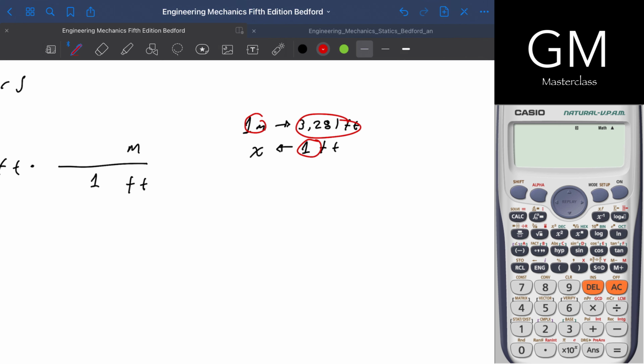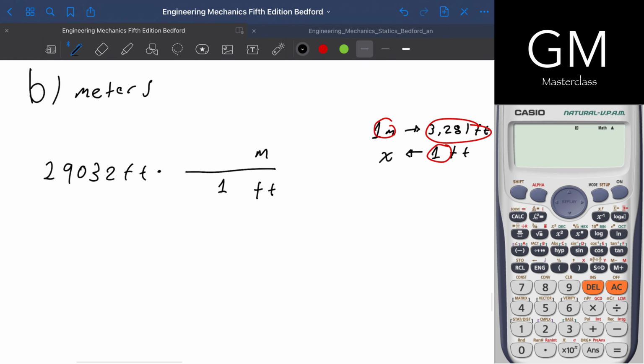So the answer is 1 divided by 3.281, 1. I already know that I could play with these numbers. Maybe you could do it that way, because I could send this one to the numerator and maybe, I don't know, I could play with this in order to get just one value.